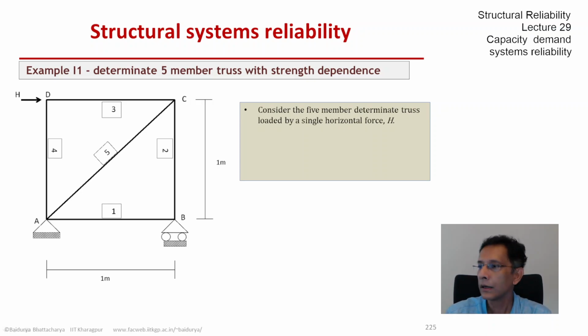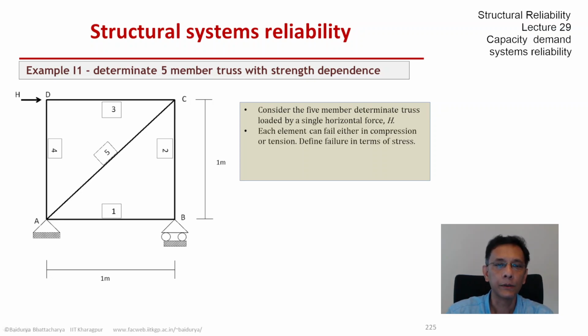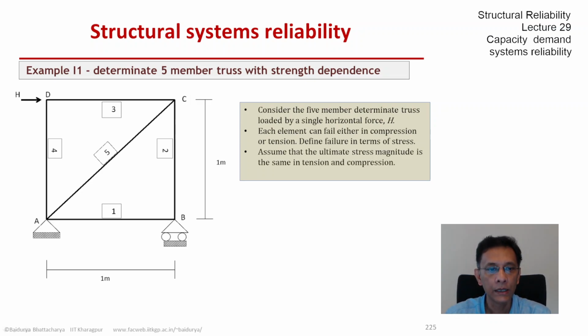So here are the scope of the problem and all the random variables. So we have one horizontal force. Each element can fail either in compression or in tension. Failure is defined in terms of stress.